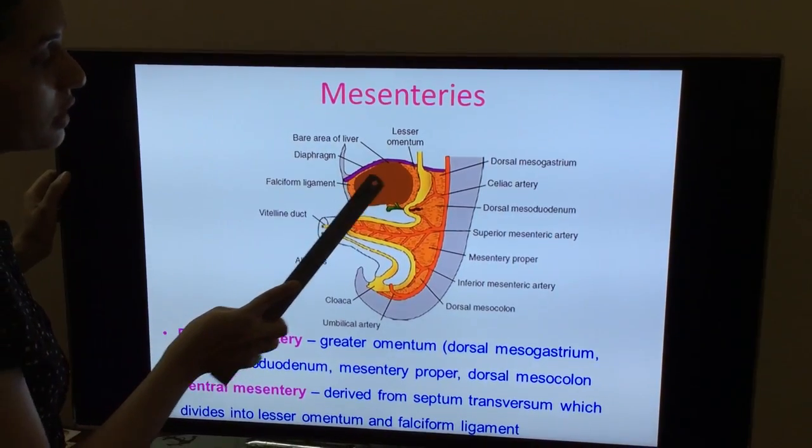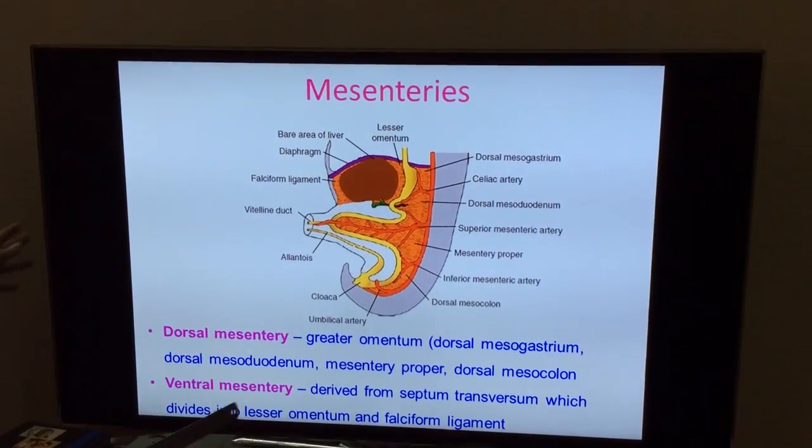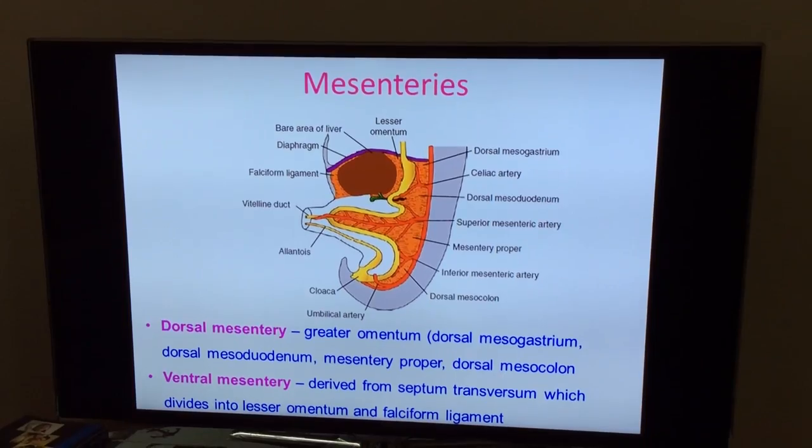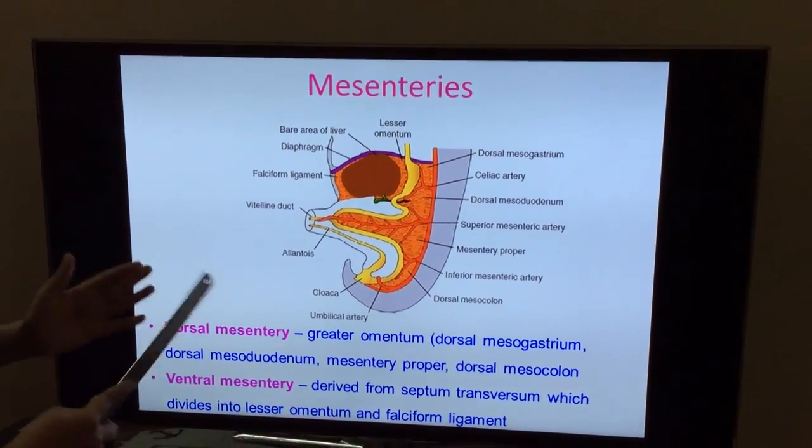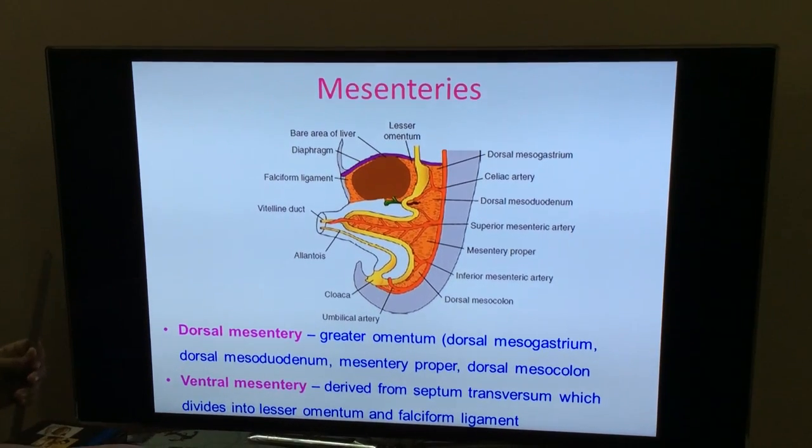So the falciform ligament and lesser omentum are from the ventral mesentery. You have to know this, it is very important, which layers are derived from which mesentery.